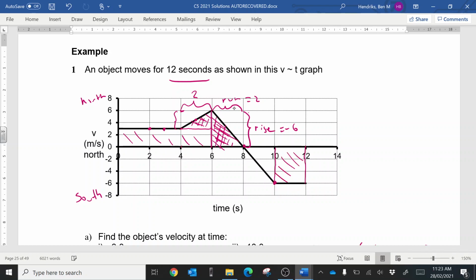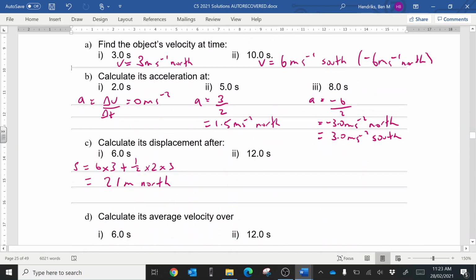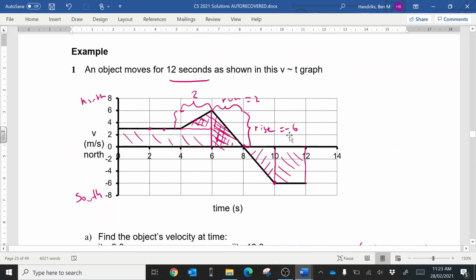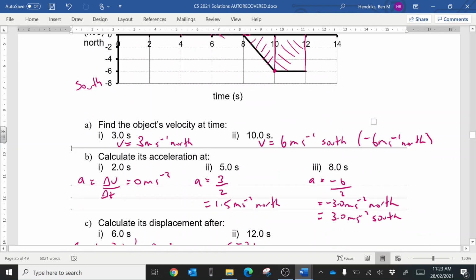So we have this rectangle here, and also this triangle in there as well. So we're going to have S equals 21, that's this bit here, 21 meters north, up to 6 seconds. And then we're going to add on this triangle, which is a half times 2 times 6, so it goes up 6.